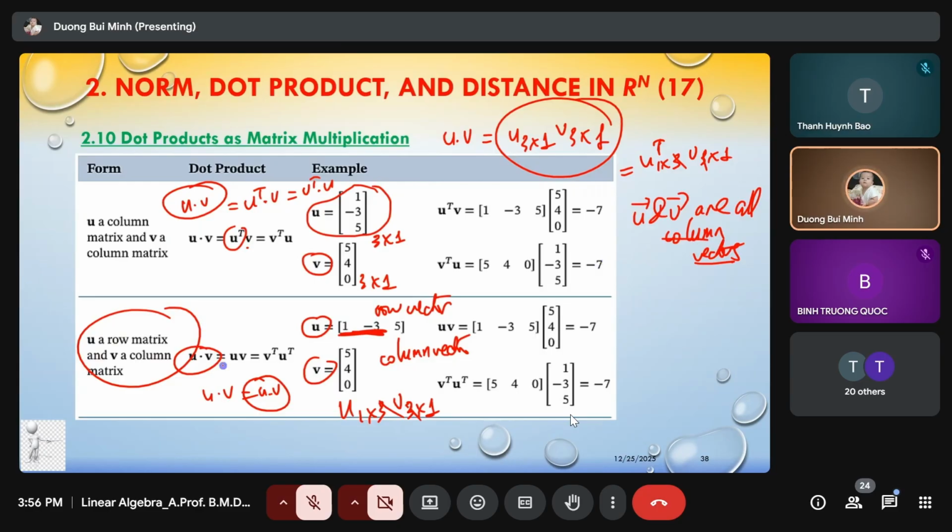Or if we take the transpose, u times v totally transposed equals the transpose of v times the transpose of u.